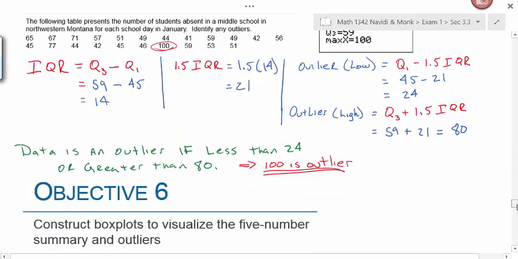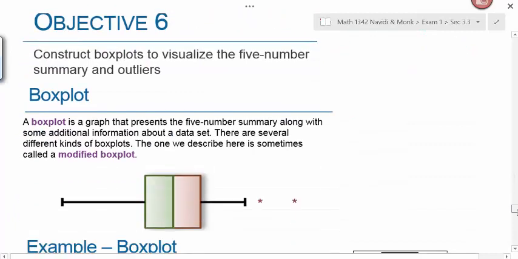Objective 6, the last objective this evening, is to construct a box plot and visualize the 5-number summary and outliers. A box plot is a graph that presents the 5-number summary along with some additional information about a data set. There's several different kinds of box plots, and your calculator will do 2 of the kinds. This one, wherever you mark your outliers with asterisks, is called a modified box plot.